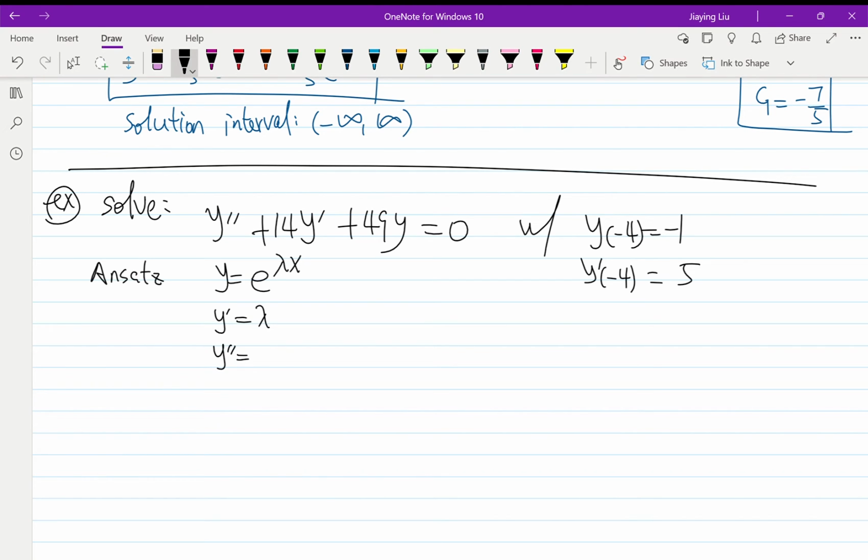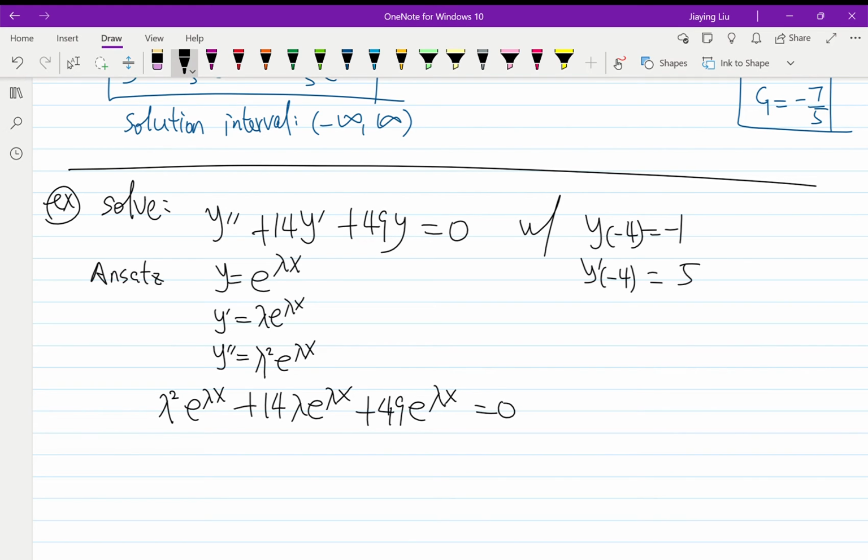Y prime is lambda e to the lambda x, and y double prime is lambda squared e to the lambda x. Putting these in, we have lambda squared e to the lambda x plus 14 lambda e to the lambda x plus 49 e to the lambda x equals 0.